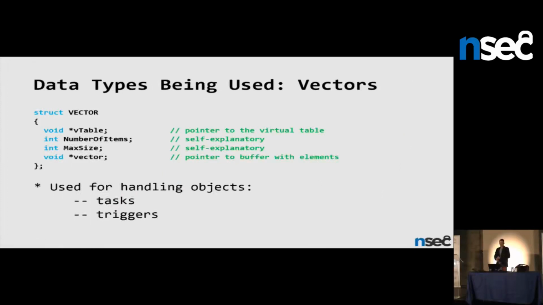Another type which is heavily used in this kind of malware is vectors. This implementation of vectors is definitely different from, for instance, a standard template library vector implementation. The vectors are used for handling objects like tasks and triggers. It is very common that, instead of just creating a thread on the machine, the malware creates a special thread object, inserts it into a vector, then passes this vector to the executor, which just goes through the elements of the vector and executes them.